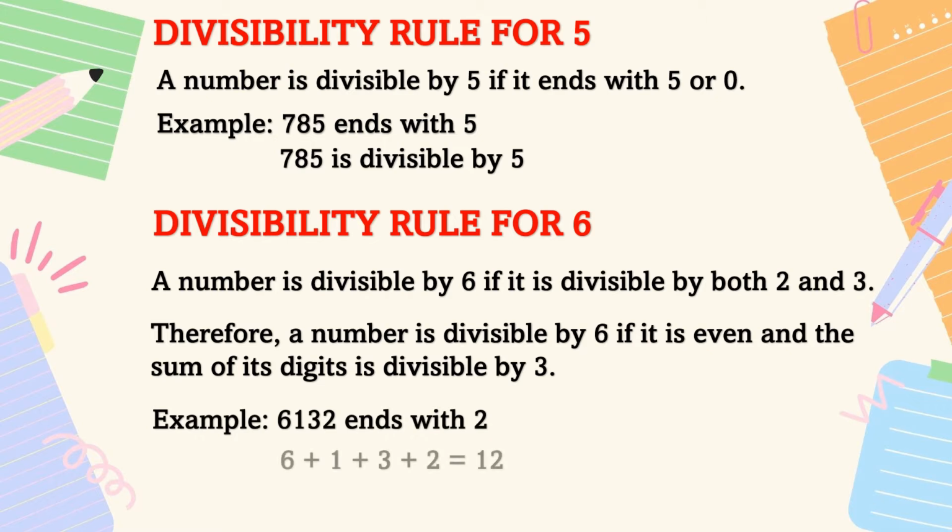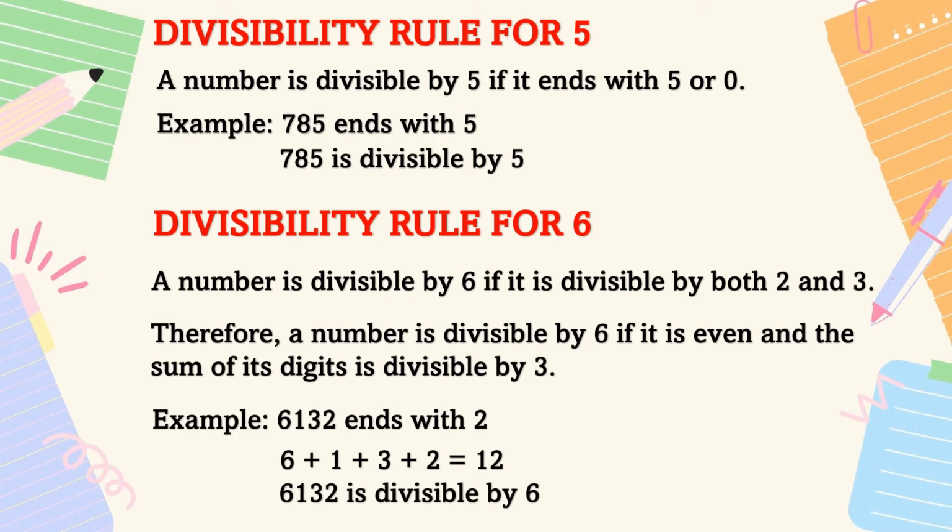Now, let's add the digits. 6 plus 1 plus 3 plus 2 is equal to 12, and 12 is divisible by 3. Therefore, 6,132 is divisible by 6.